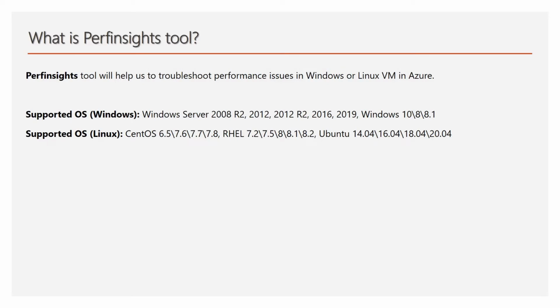For Linux, we have CentOS 6.5, 7.6, 7.7, 7.8, Red Hat 7.2, 7.5, 8, 8.1, 8.2, Ubuntu 14.04, 16.04, 18.04, 20.04. These are the supported operating systems we can use for the Perf Insights tool.